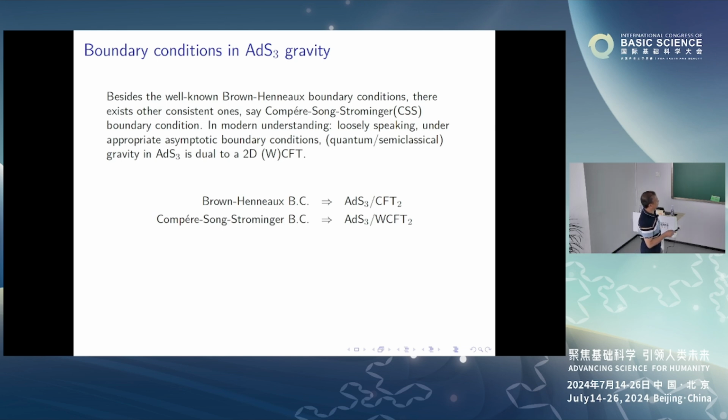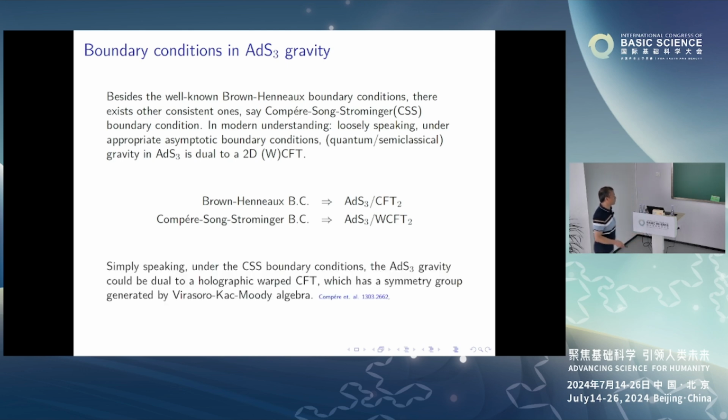For example, for the standard Brown-Henneaux boundary condition, we can't find the standard semi-classical AdS spacetime. But there are some other consistent boundary conditions proposed by Wilson Song and Geoffrey Compère. And they found another set of consistent boundary conditions. So now it's called the CSS boundary condition. And this leads to AdS3 warped spacetime.